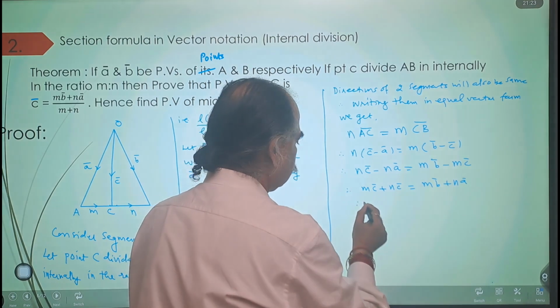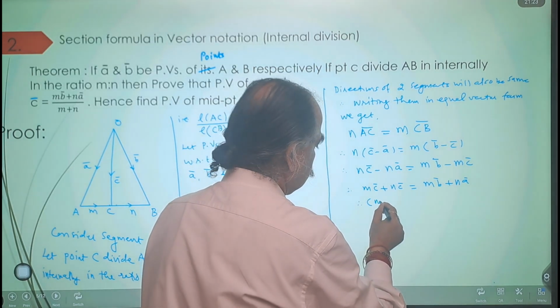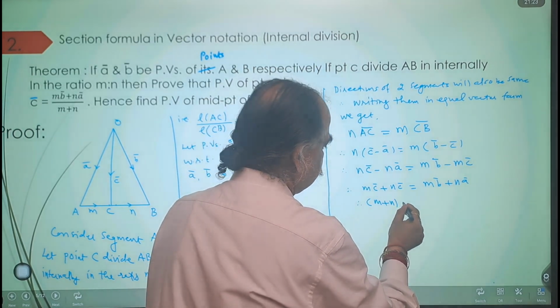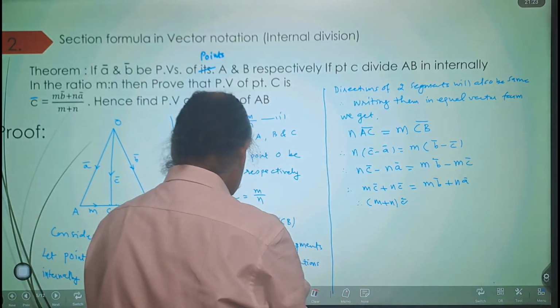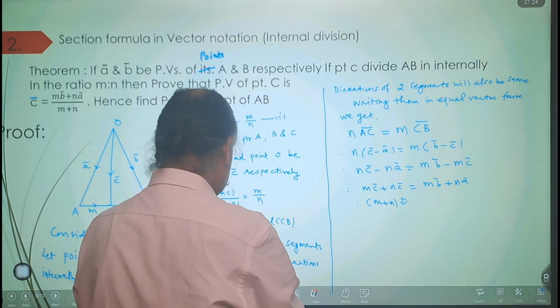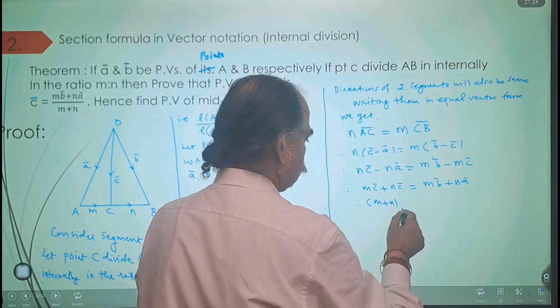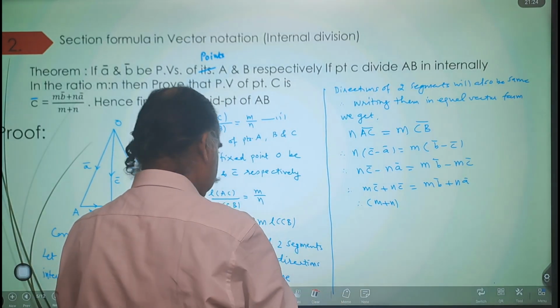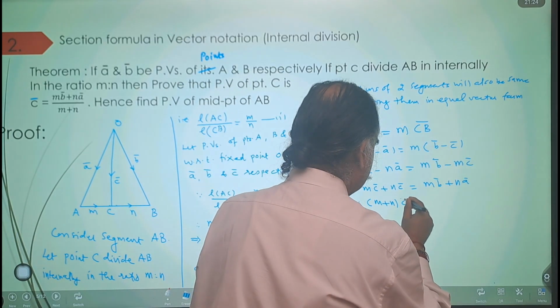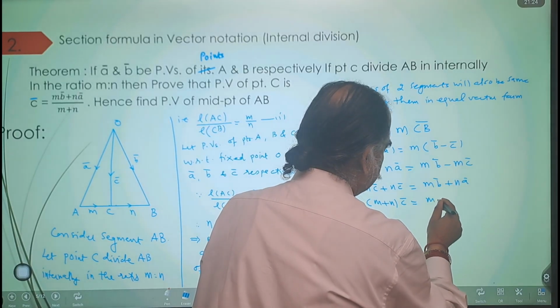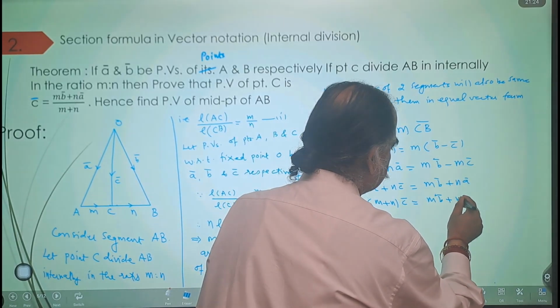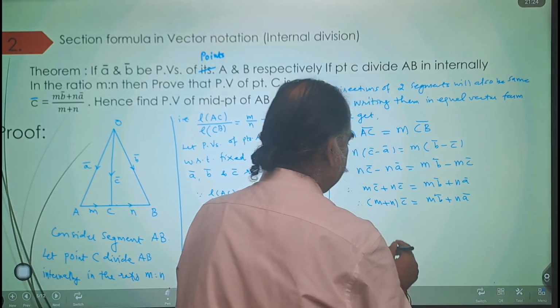C bar common, (m plus n) C bar is equal to m B bar plus n A bar.